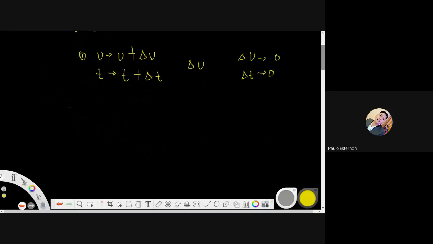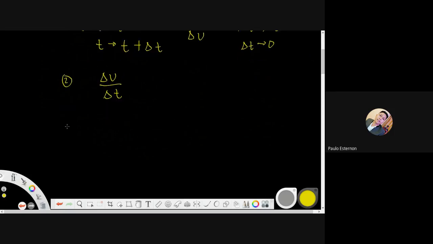So for our second step, after finding delta u, we are going to divide it by delta t. Then the last step is we'll evaluate the limit of delta u divided by delta t as delta t approaches 0. So let's try it.